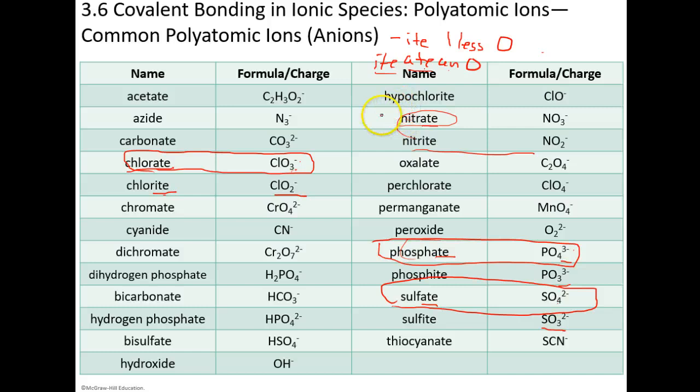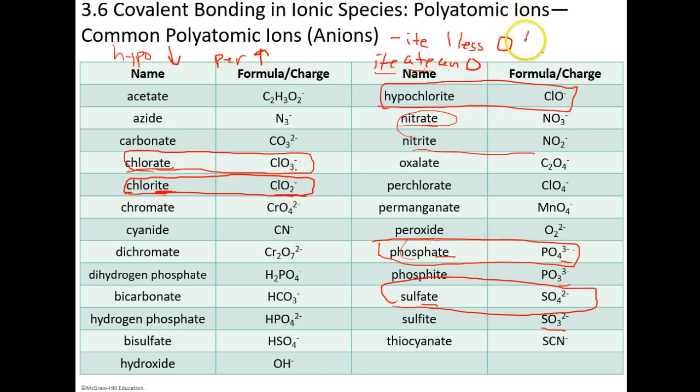Now you have pers and hypos, all right? Hypo means underneath, below. Per means above, okay? So we have chlorite, and then we have hypochlorite, which means underneath chlorite. So what would one less than chlorite be? ClO minus, and that's what we see right here. Hypochlorite is ClO minus. In fact, sodium hypochlorite, NaClO, is bleach.